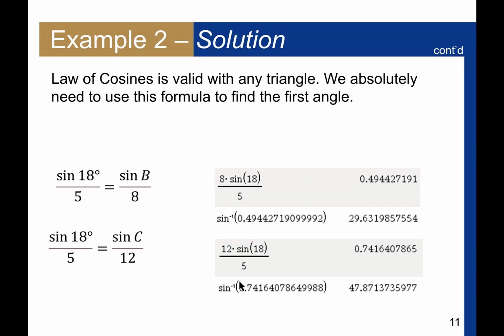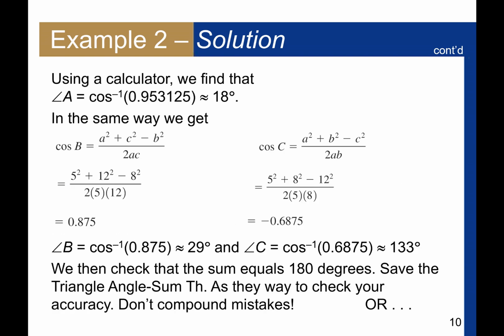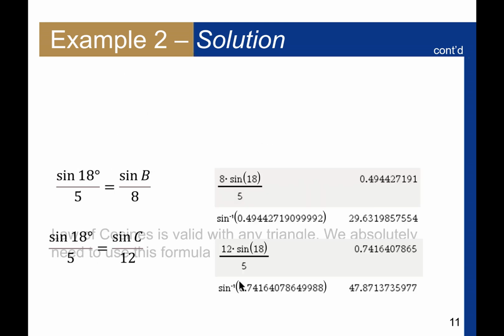Or we could go with the easier version. Okay, again, using the law of cosines is going to be valid with any triangle. You can use the method that they just showed you here of using the law of cosines 3 times to find the measure of all 3 angles. And we wouldn't have to worry about the ambiguous case or anything like that.